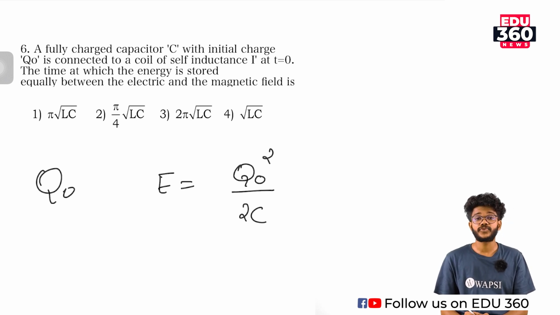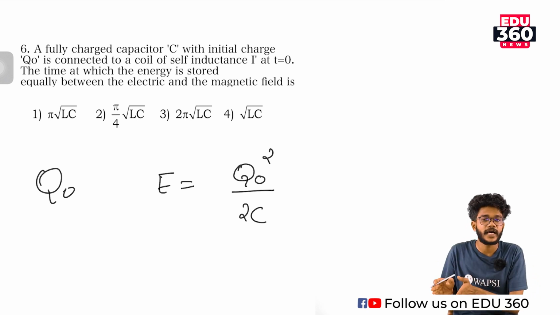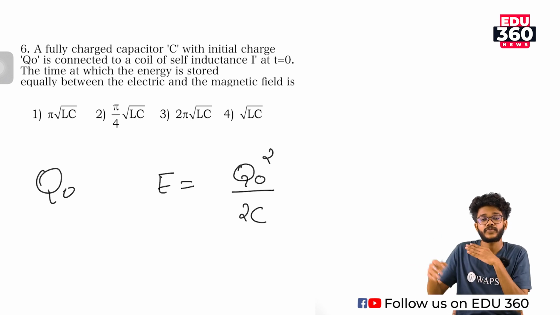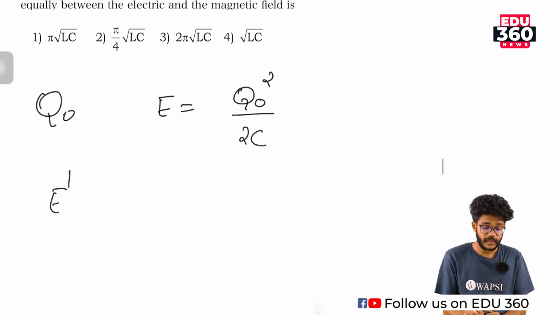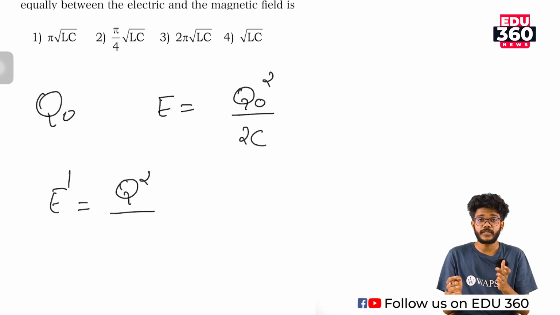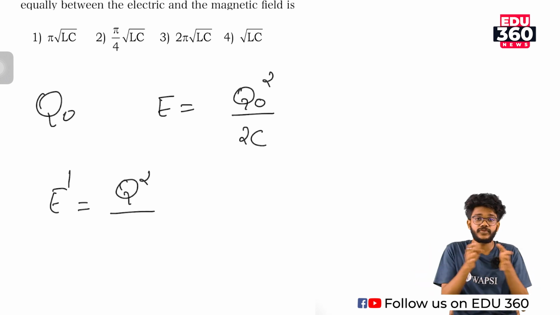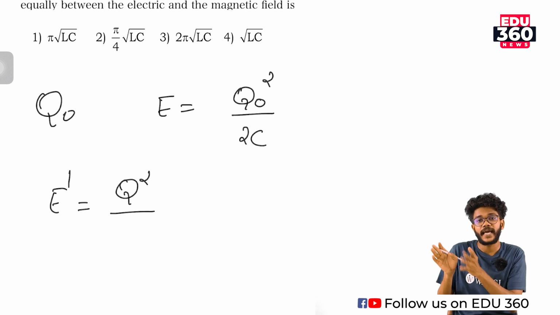Half of that is used by the inductor, and the remaining half stays in the capacitor. So the new energy E dash is equal to Q square by 2C, because after giving some energy to the inductor, only some charge remains inside the capacitor.